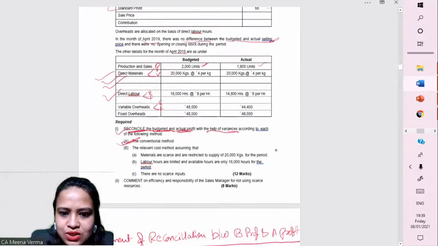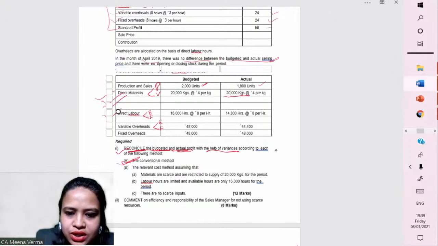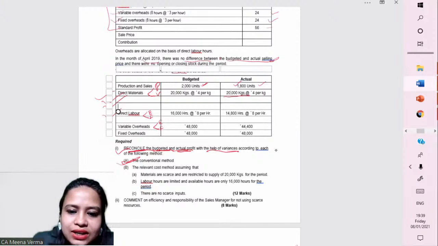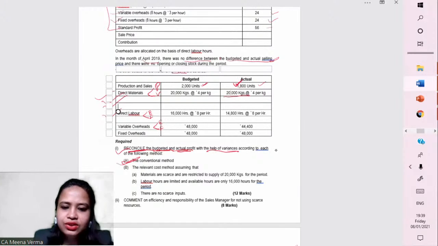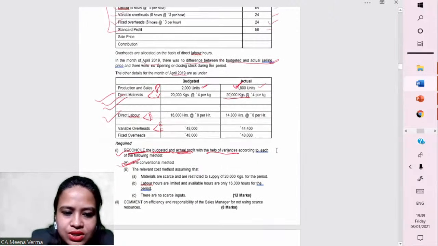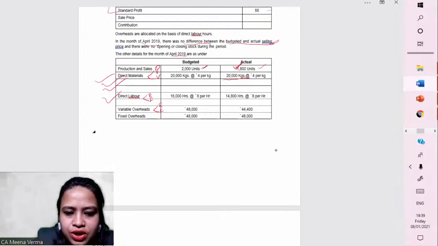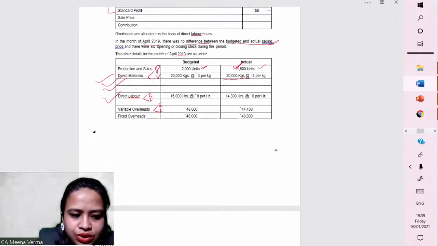So what is the actual quantity here? This is the actual quantity which you are consuming to produce 1800 units. Now, what is the standard quantity which is required to produce 1800 units? For that, you can see here that if you want to produce 2000 units, you need 20,000 kg of raw material.